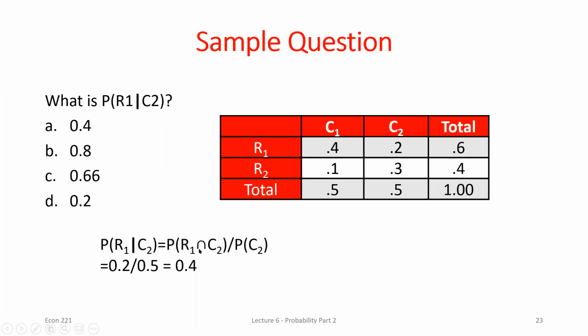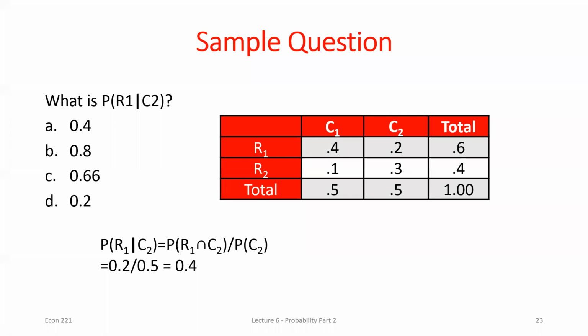So we could rewrite that as the intersection of those two things divided by the probability of C2, what we were conditioning on. Okay? It's very easy then to get the intersection of R1 and C2, which is 0.2. Probability of C2, we go down to the total, 0.5, and that's where we ended up.